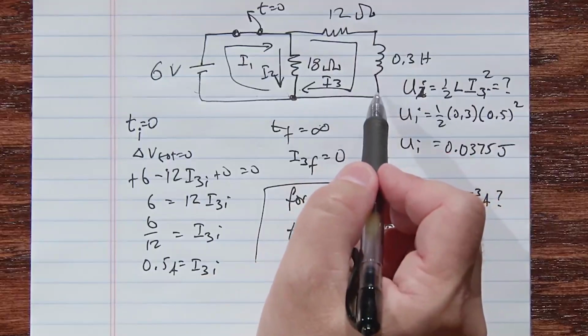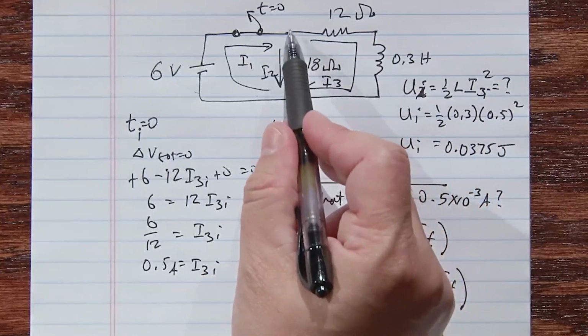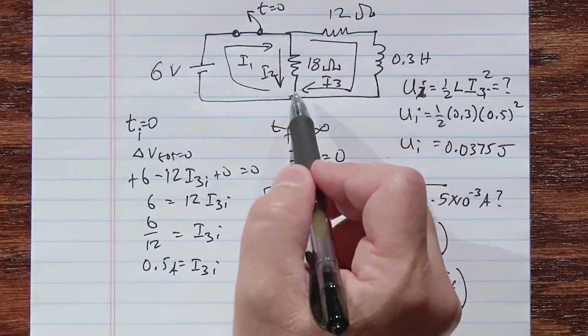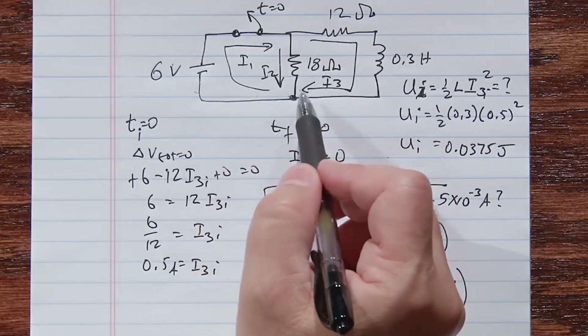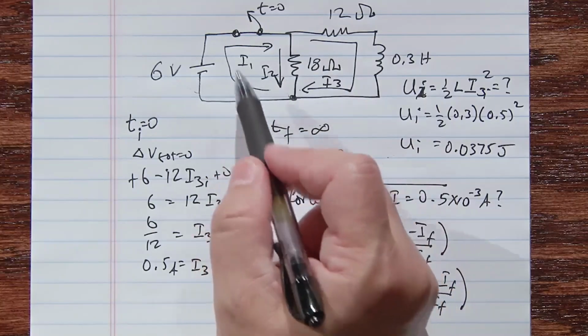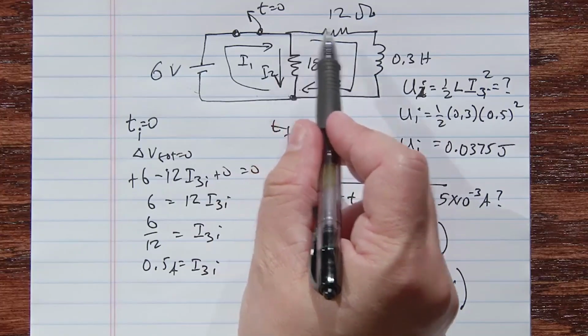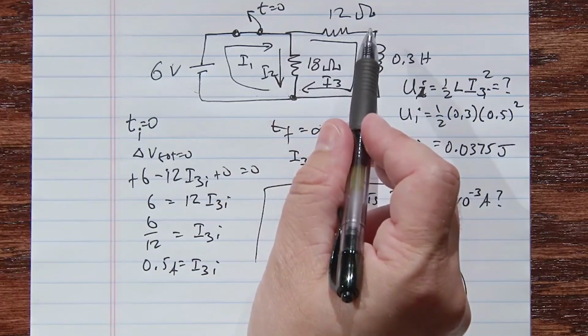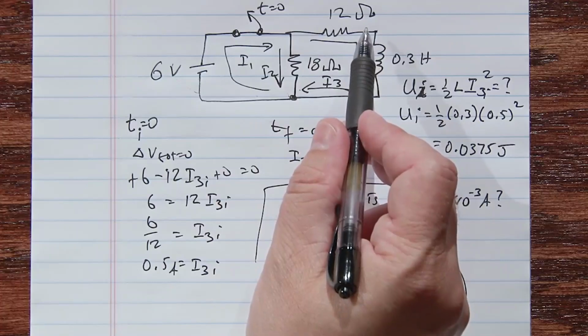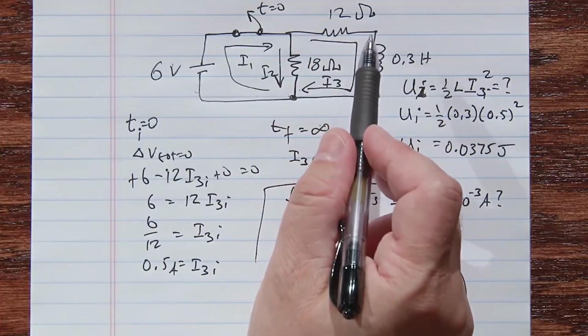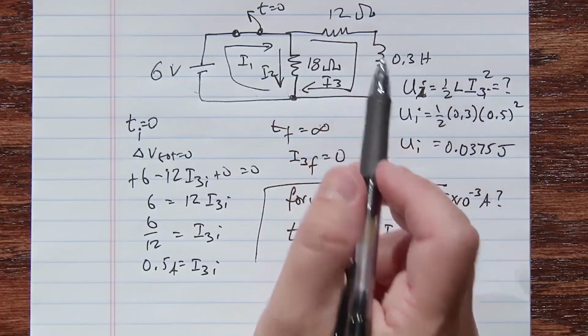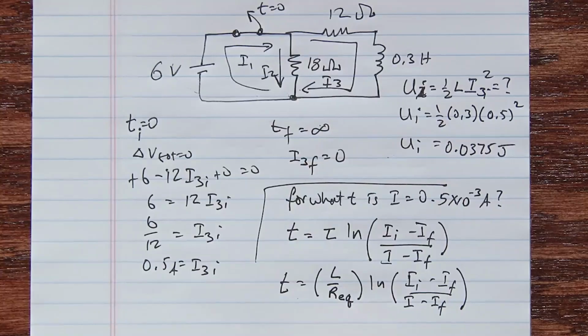Whatever current flows here has to turn up here and go through here. Since no current can flow down this branch because it's been disconnected by the switch, the 18 ohm resistor and the 12 ohm resistor are in series. So they have an equivalent resistance of 18 plus 12, which would be 30.